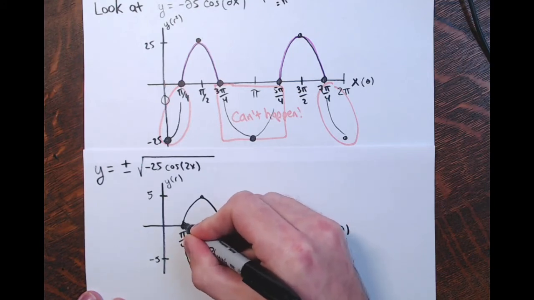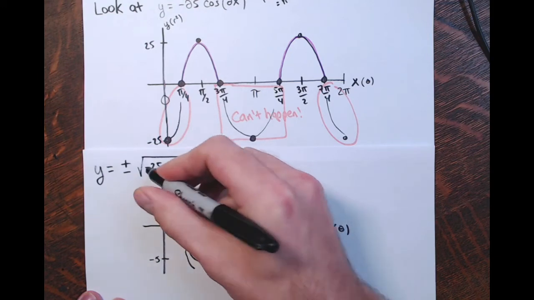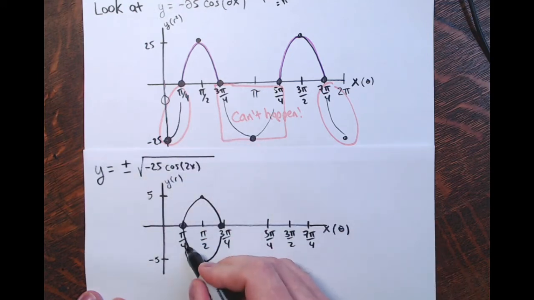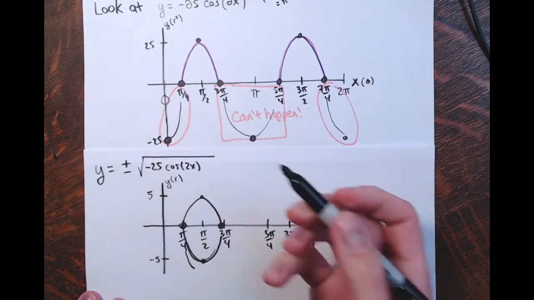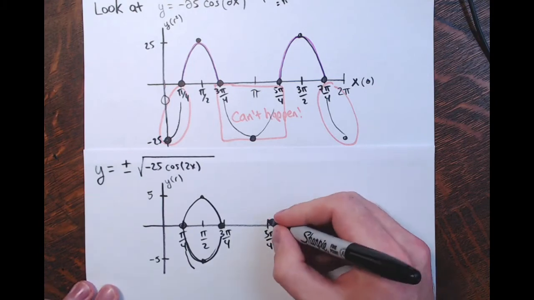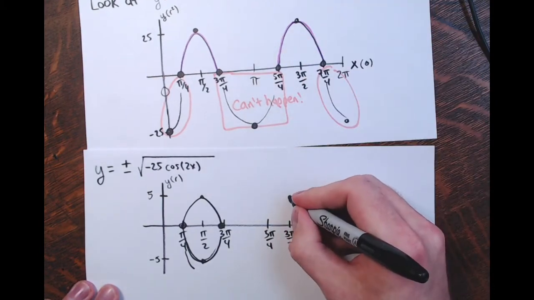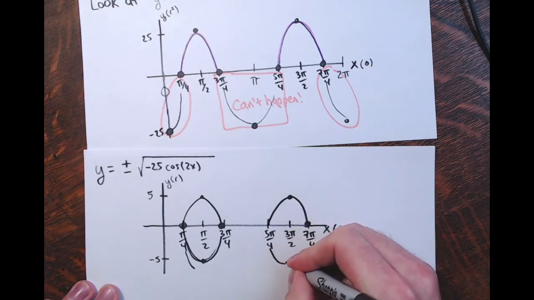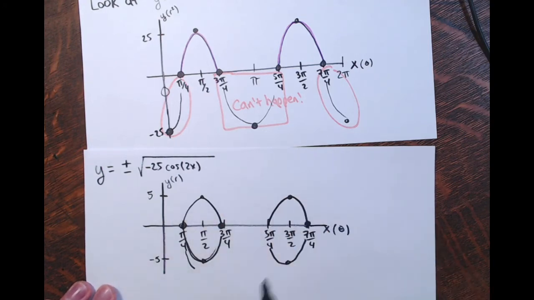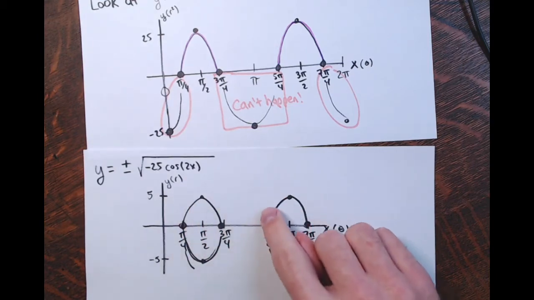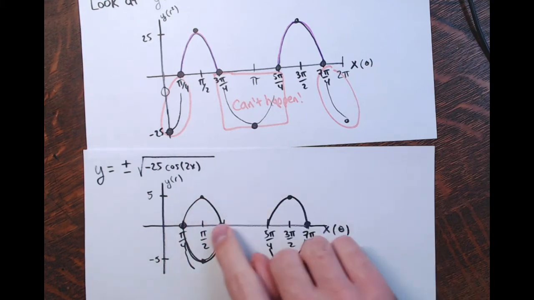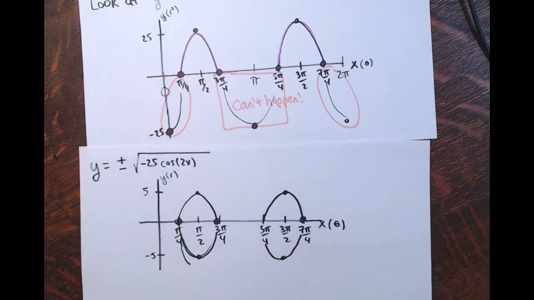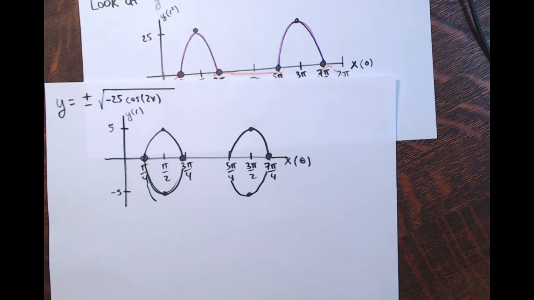The top half is the positive square root, and then this bottom half is the negative square root. So I'm graphing both on the same picture. Same thing over here. Top half, bottom half, where again the value of r is going up to 5 and down to negative 5. So really I just need to, well, let me show you. I'll just graph what corresponds to this top half, and that should be good enough to help me fill in the rest of that lemniscate.